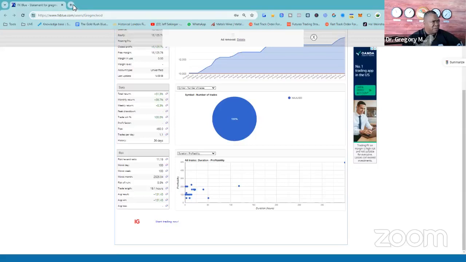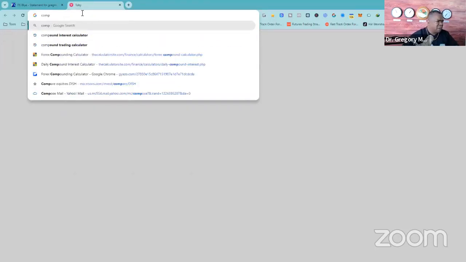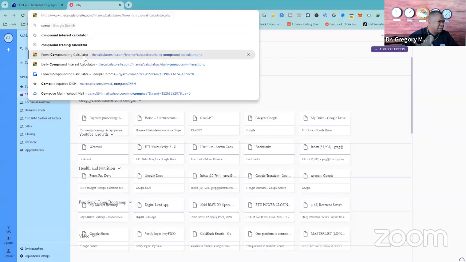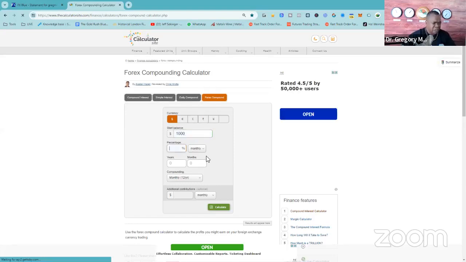In fact, if you ever went to one of these compound Forex calculators, and let's say you start off with $1,000, and then you compound it at like 8% per week, so we can put weekly and put 8%.